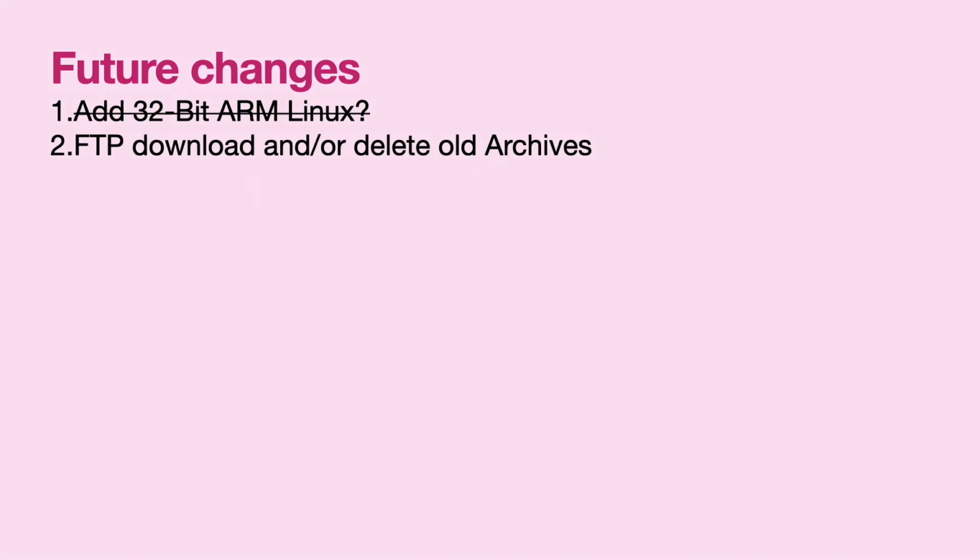Potentially, I could allow the ability to actually download the files from the server, or even once you've got 10 or 15 or 20 old archive versions, maybe it might be nice to see them and go, okay, we're never going to go back to that old version, delete those old archives if we need. That's a possibility, or you can just run an FTP program and go delete manually yourself.